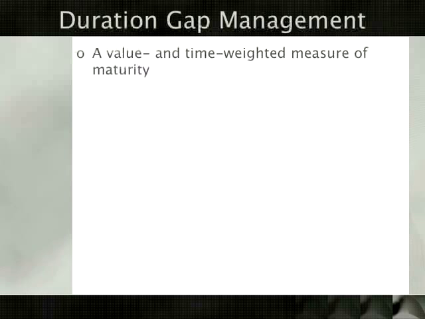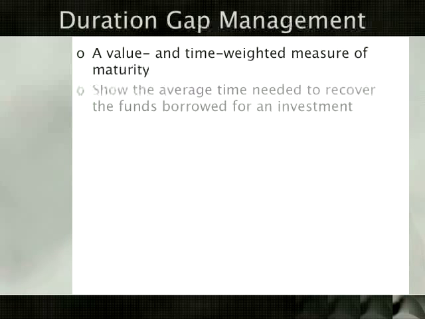This problem can be solved by using duration gap management. Duration gap management is a value and time weighted measure of maturity. It shows the average time needed to recover the funds borrowed for an investment.